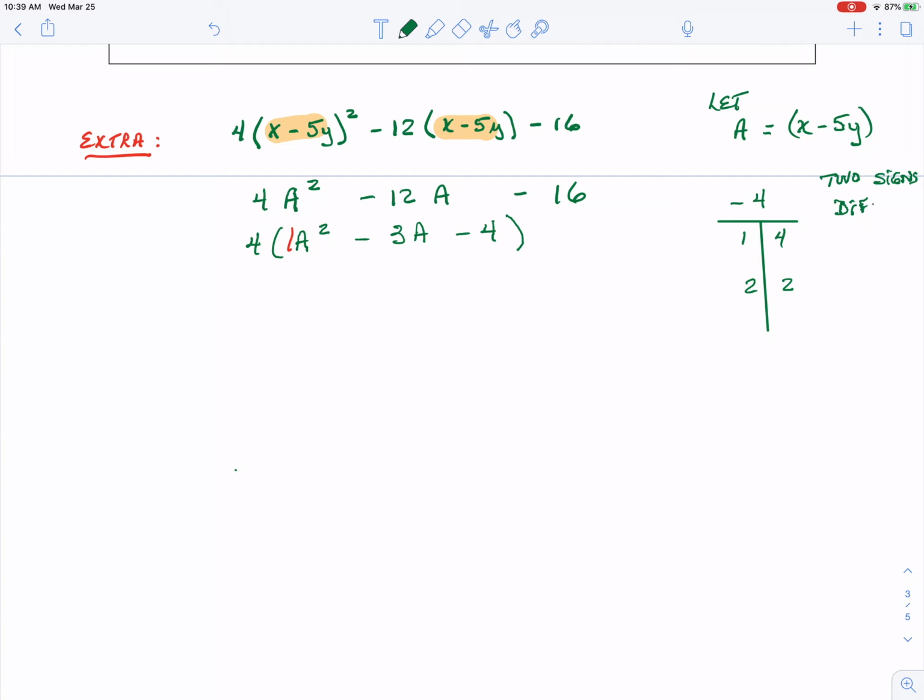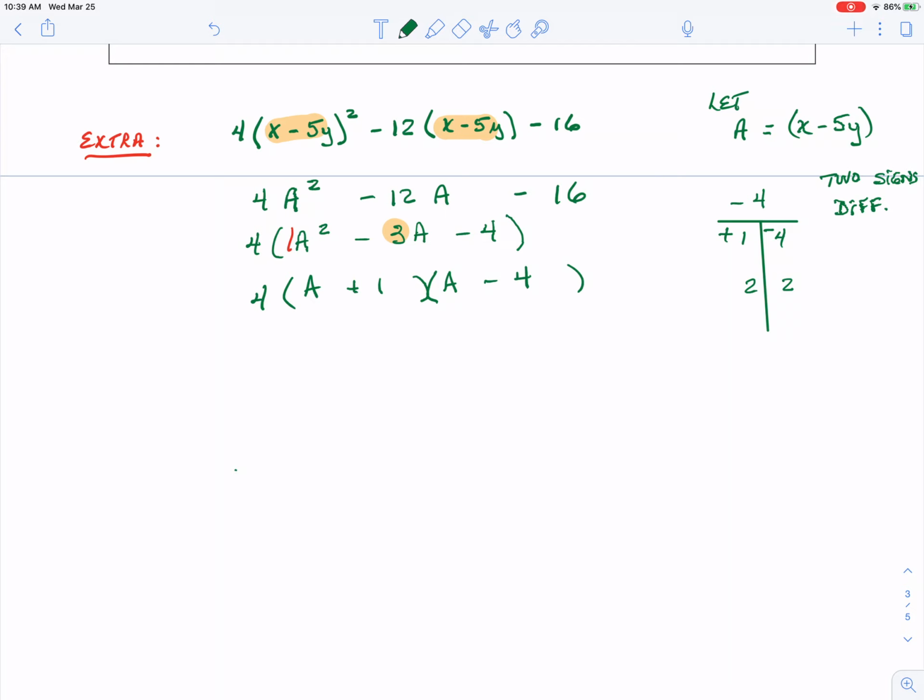So I think if I put the negative on the 4 and the positive on the 3, I'll be right. I'll have the negative 4 product and I'll have the negative 3 back here in the middle that I'm looking for. Okay, so the 4 sits out in front, double parentheses, a plus 1 and a minus 4.